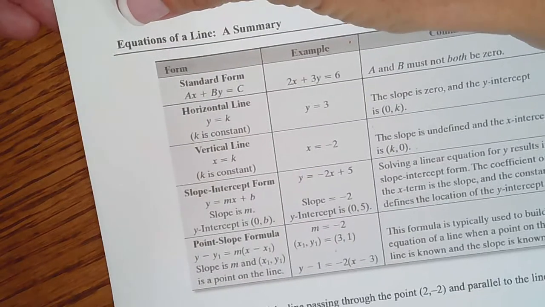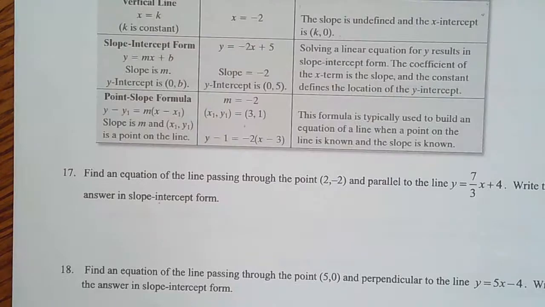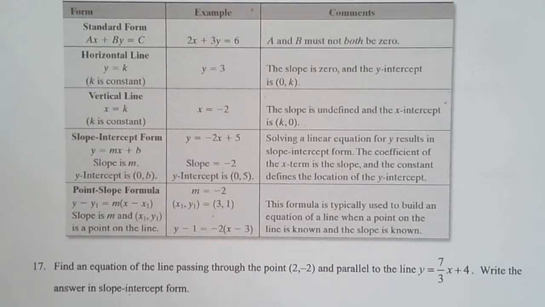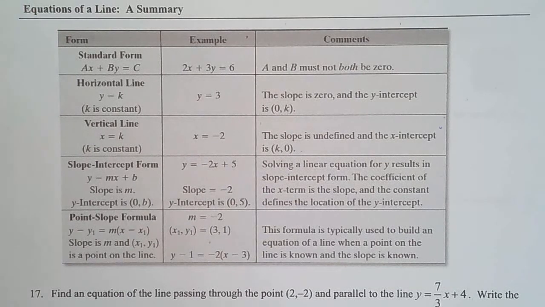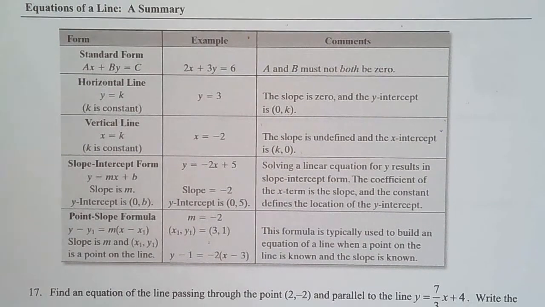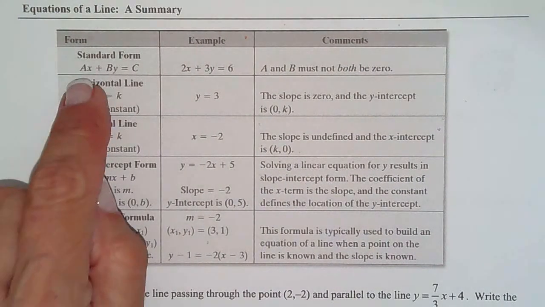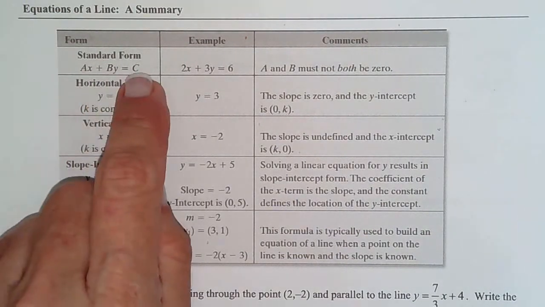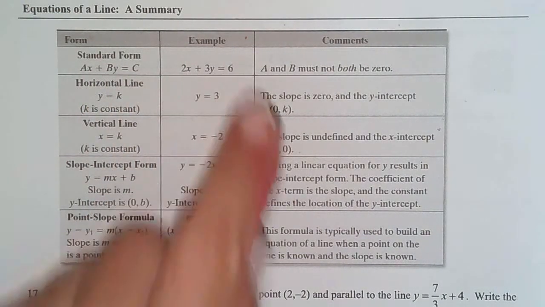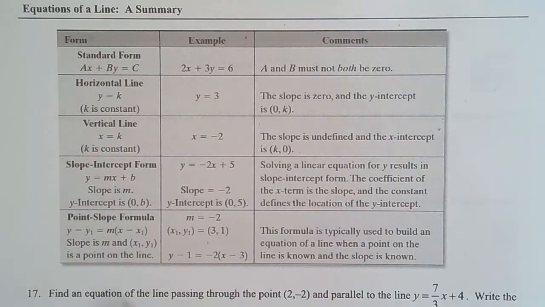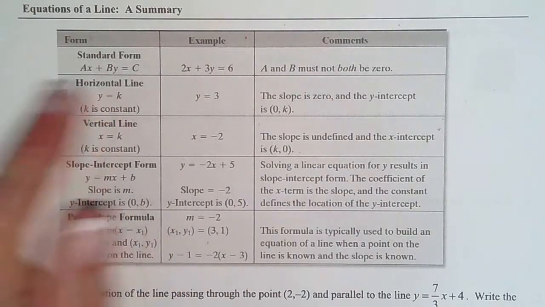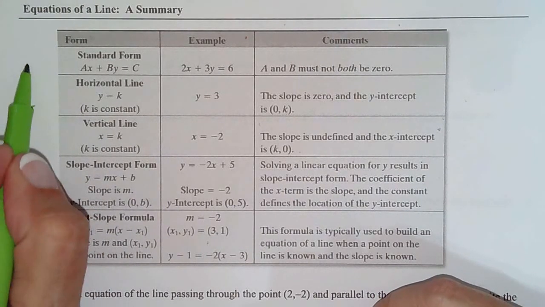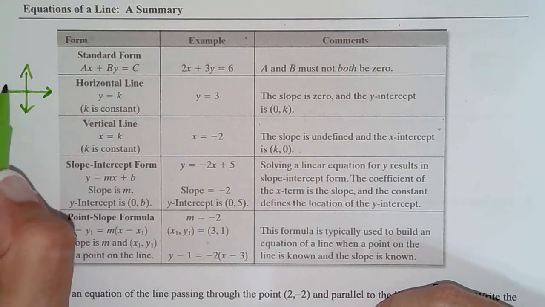Okay, we're on the last page of our 2.3 notes. So this is page 15, and this is a summary of what we've learned. So we talked about before how standard form is ax plus by equals c. So here's an example of standard form. Horizontal line. Horizontal lines only go through the y-axis, right?